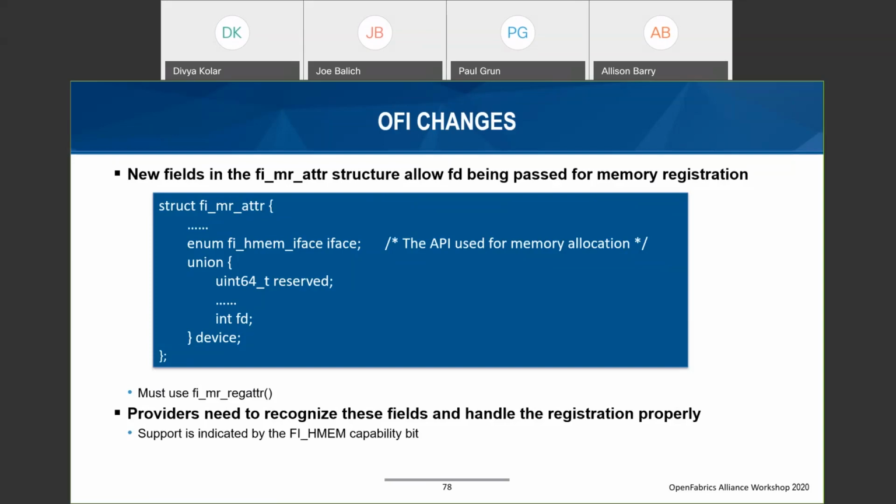This could include other GPU APIs, but here, DMA-Buf is going to be a separate interface. And for this separate interface, we have an actual parameter, the file descriptor, through the device field. The provider needs to recognize this field and handle the registration properly. If the provider has this support, it indicates this by a special capability bit, FI_HMEM. Next slide, please.